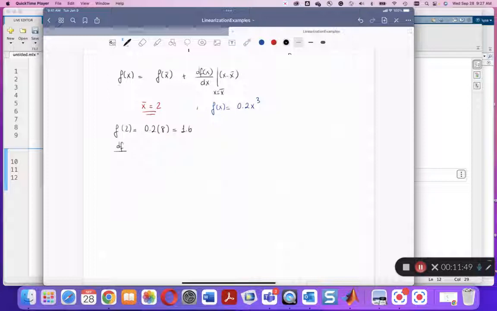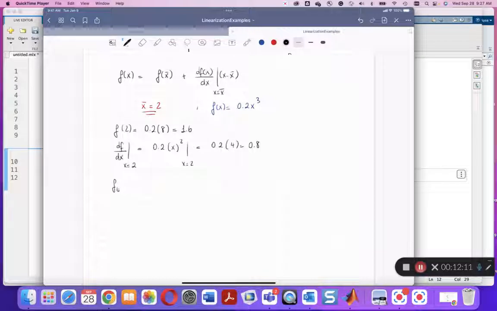And the function's derivative with respect to x when x is equal to 2 should be, guys, we multiply the coefficient with the power, and then we reduce the power. So it will be 0.2 x squared when x is equal to 2. So you have 0.2 times 4, which is 0.8.